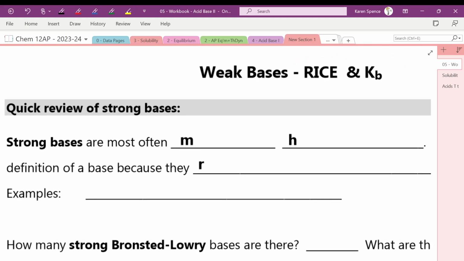Strong bases. What kinds of compounds are mostly strong bases? Strong bases are mostly what type of compound? Metal hydroxides.